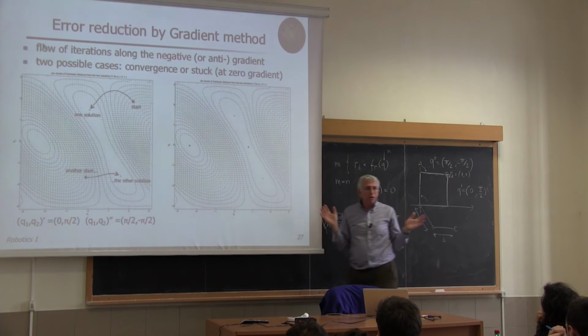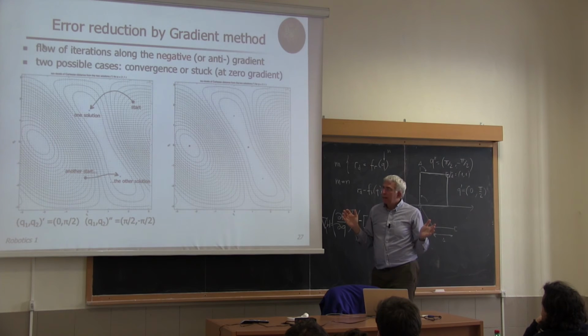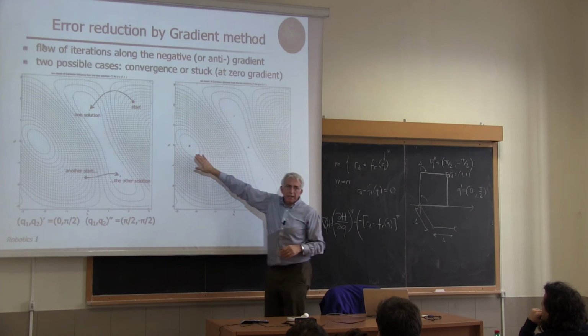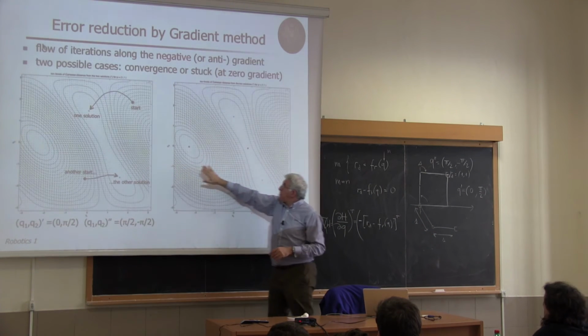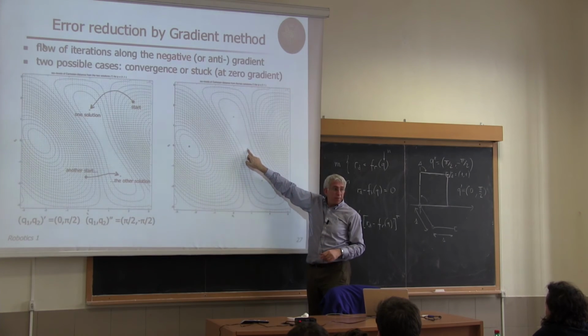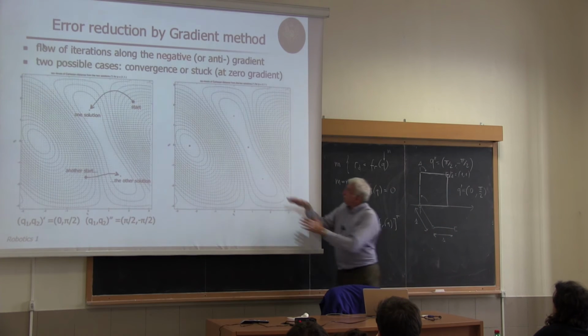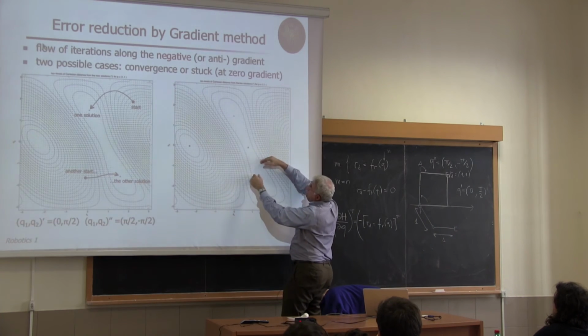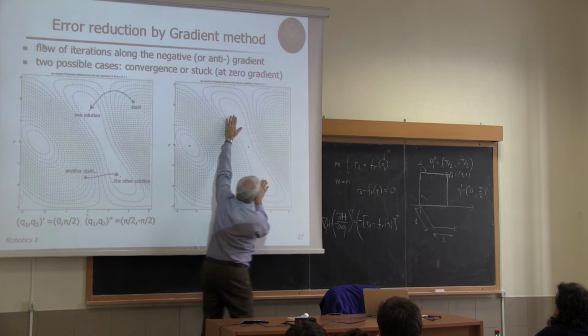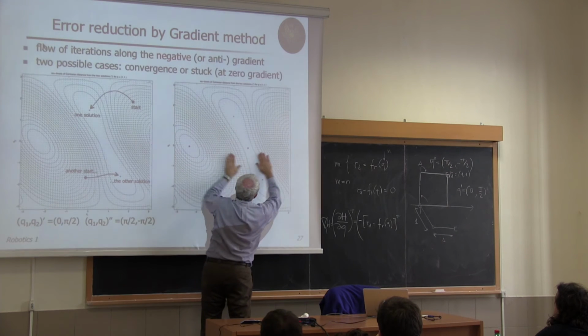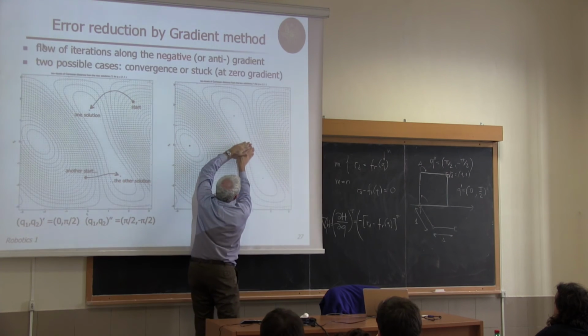There are no other solutions. So I will be stuck here. And I will be stuck even if I start from here. And this is a saddle point. Because I should draw more lines, but these are two minima. Here you have an increase, and here you have a saddle point.